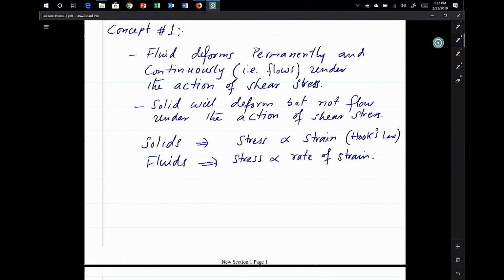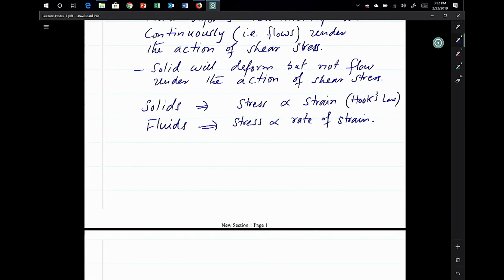Now when we say fluids will deform continuously and permanently under the action of shear, there is always an exception to every rule. And you may have seen this, that if I take a drop of water and carefully place it on a solid surface, that water drop holds its shape and it does not flow, although there is a gravity force acting on it.